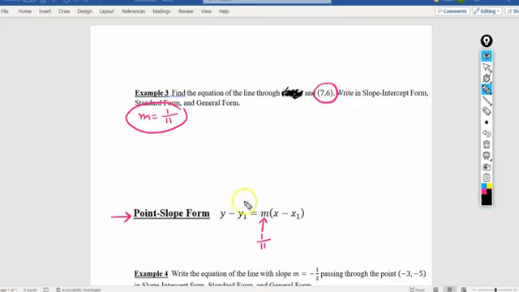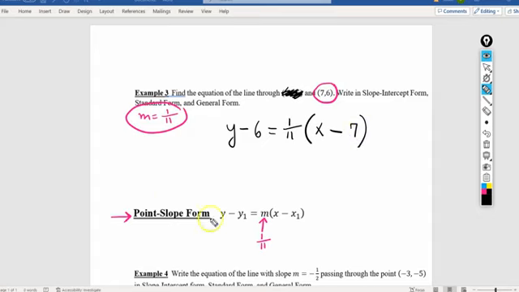So using the point slope form, this is going to be y minus the y coordinate of the point you've chosen is equal to the slope that we just found times, in parentheses, x minus the x coordinate of the point you've chosen.